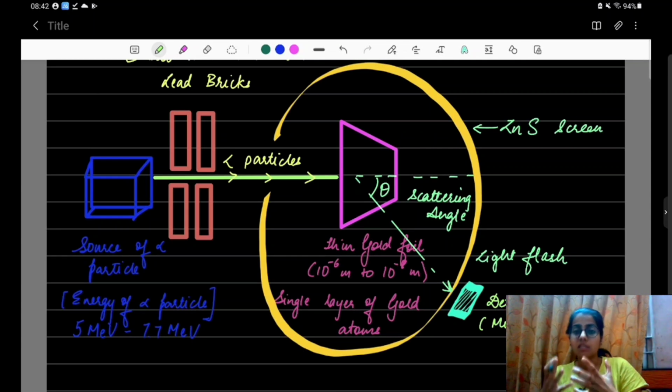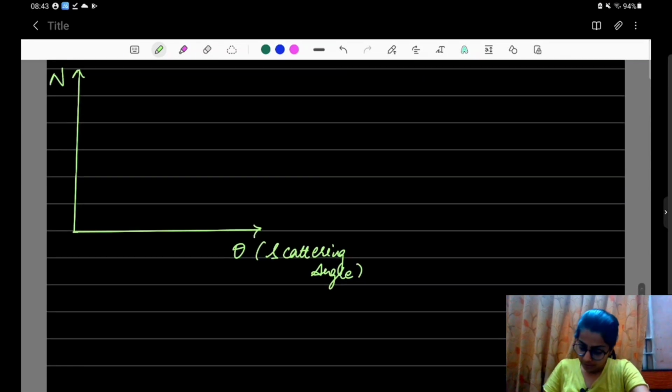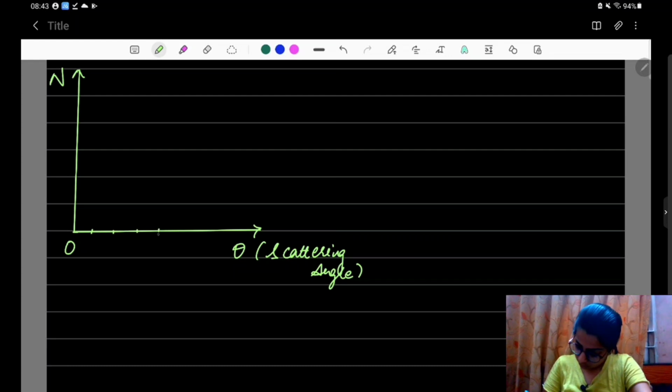And what is the concentration of alpha particles at this place? We will not have uniform concentration throughout. So we need to know, at a given angle, let's say 45 degree, how many alpha particles are present. Likewise, we will make the graph with theta from 0 degree to the highest possible value of 180 degree, when it is going to completely bounce back.